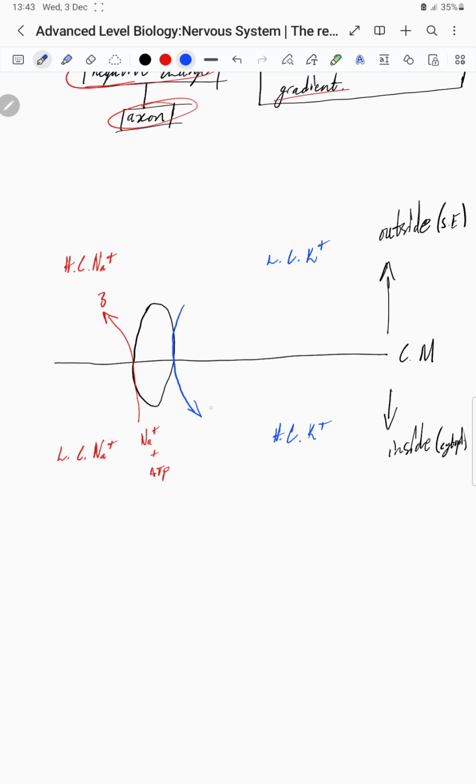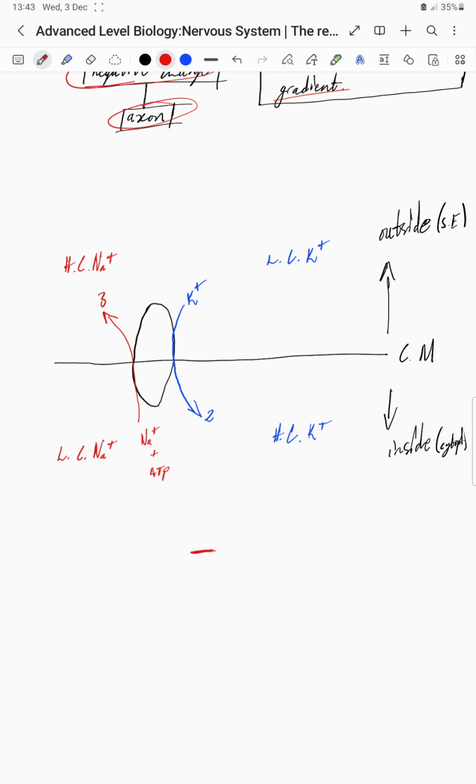As we have said, for every three sodium ions which go out, there will be two potassium ions which go in. These are charged ions, which means the inside of the cell will become slightly negative, because we have removed three positive ions from the cell and brought in two ions with the same charge.